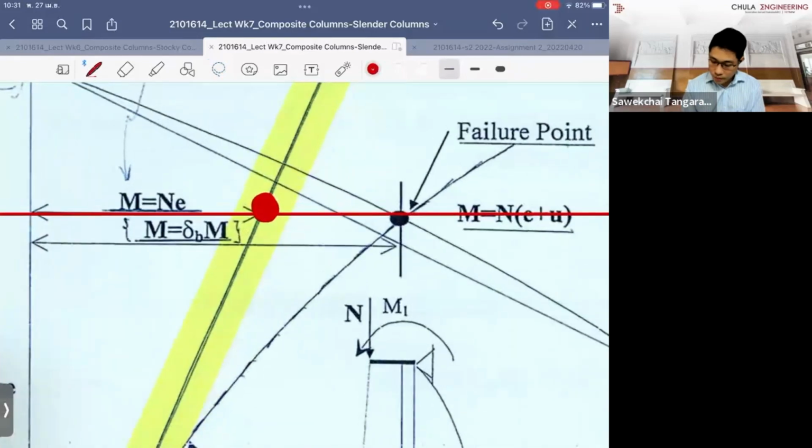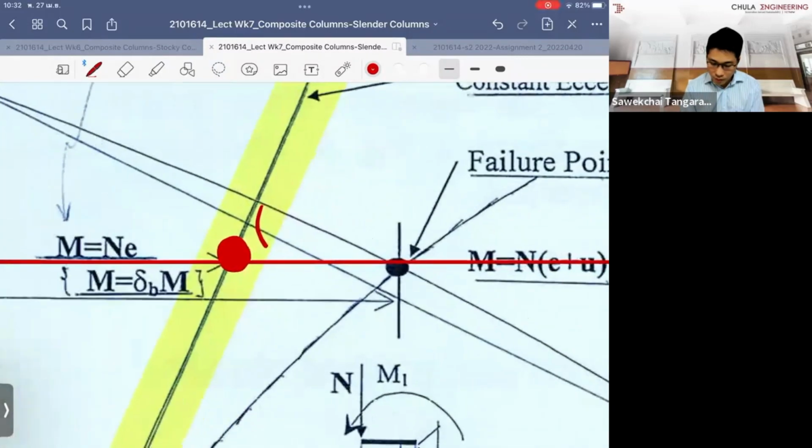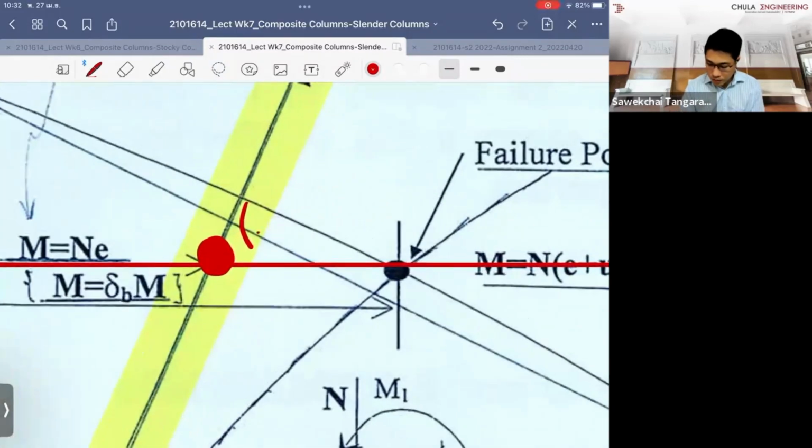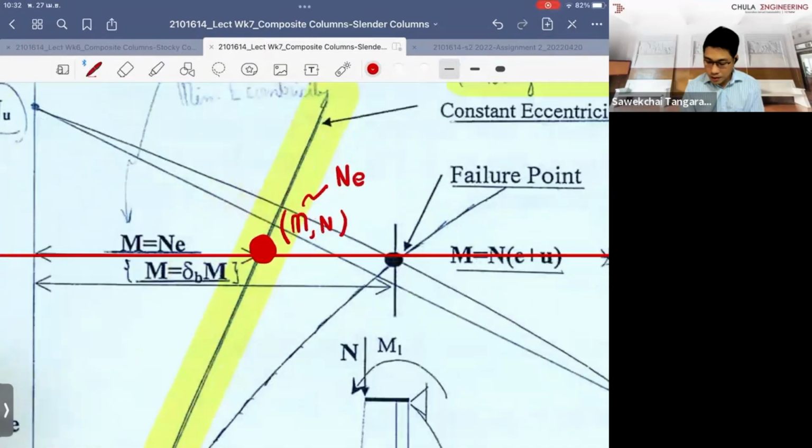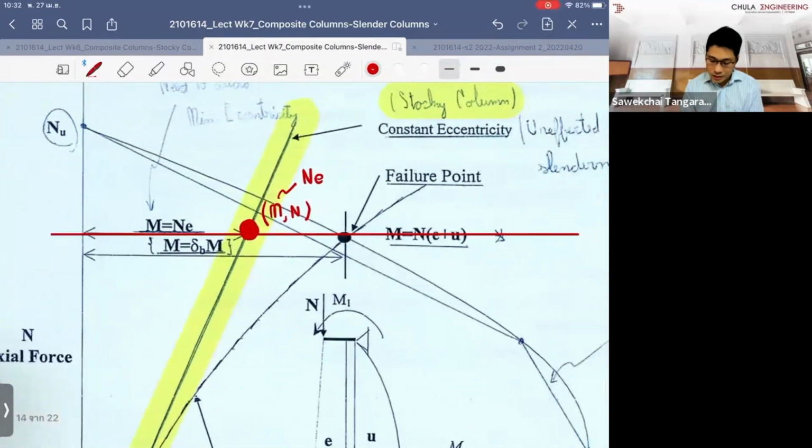At this point, the coordinate that you have is unadjusted, so we haven't adjusted for the moment magnifiers. So you would have this one as the M and N, right? And we define M equal to N times E. So you can draw the linear line, and we say that this is the loading line here.